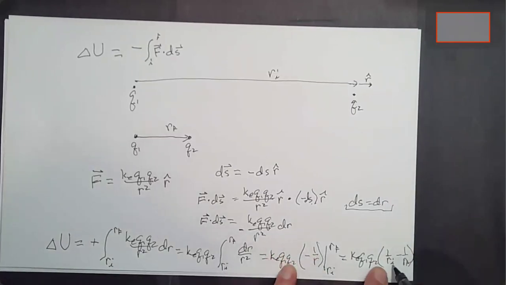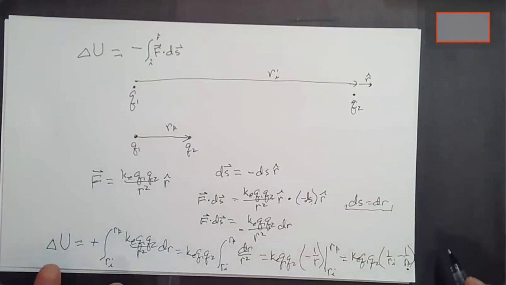Okay, 1 over R initial, yeah, this would be a small value minus a bigger value. So that'd be negative. And this should actually increase.